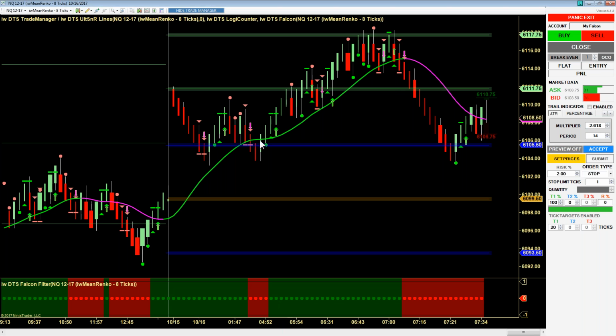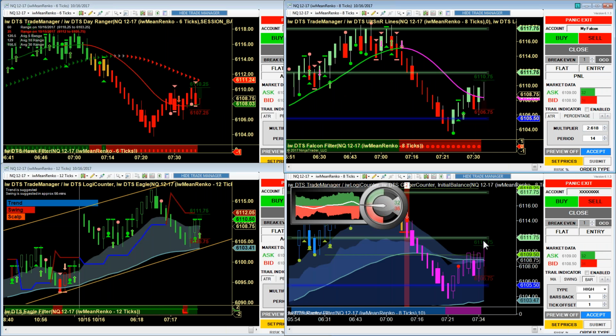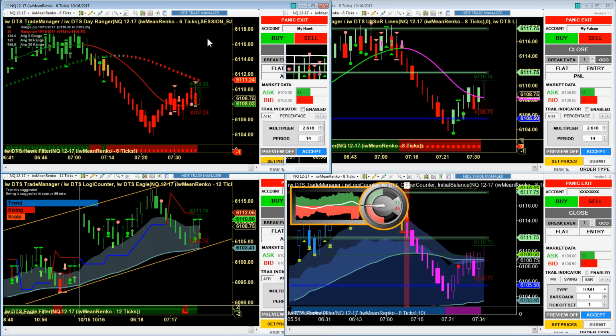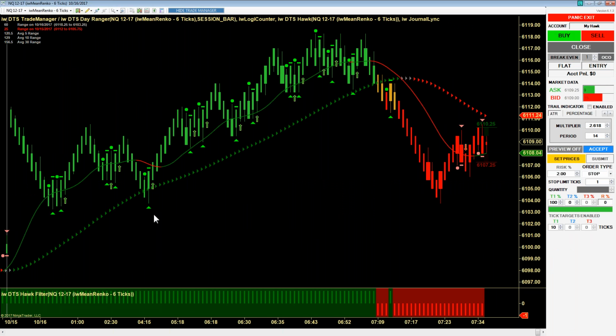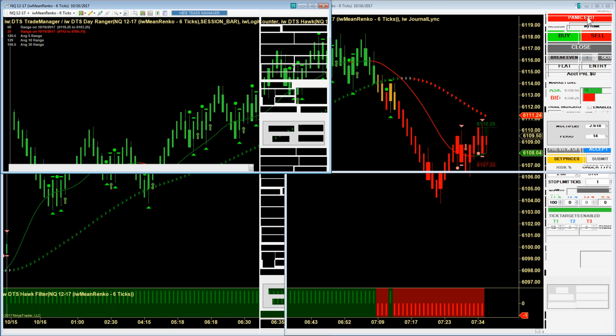The signal has to print, and the trend line never changes color. It's a deal breaker on the Hawk as well. For instance, here, on a macro pullback signal, if your filter were out of sync, then it's no longer a valid signal. Likewise here, if the filter turns green, that's going to spoil the macro pullback signal.